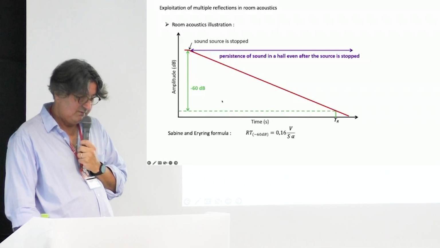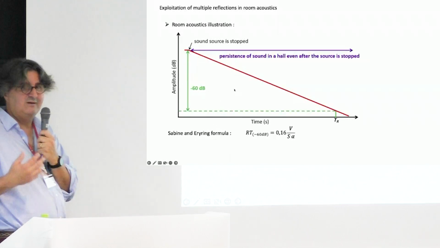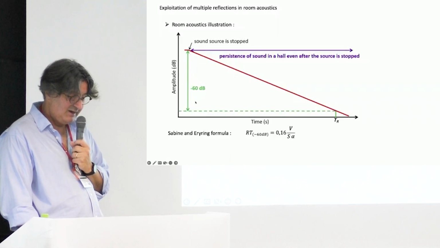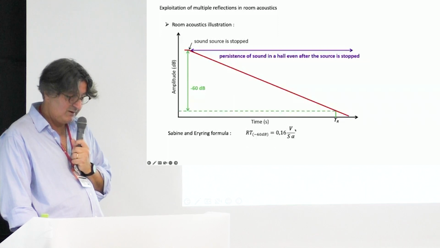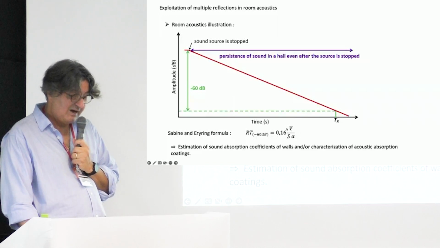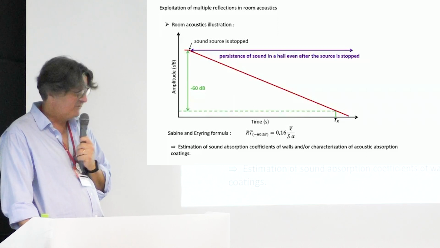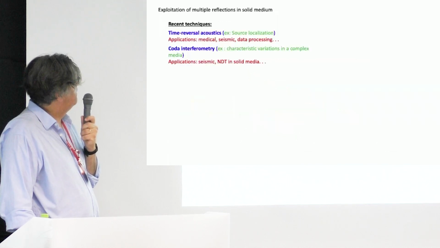We can use a very well-known formula used in room acoustics, the Sabine formula, which gives the attenuation in a room depending on the volume of the room, the surfaces, and a parameter alpha that has to be defined. This allows the estimation of sound absorption in concrete walls, or the characterization of absorption of a coating, for instance.